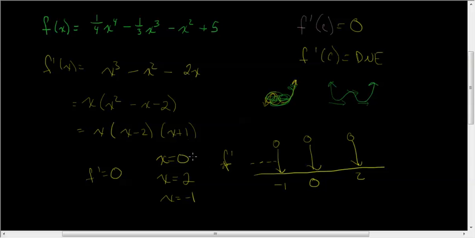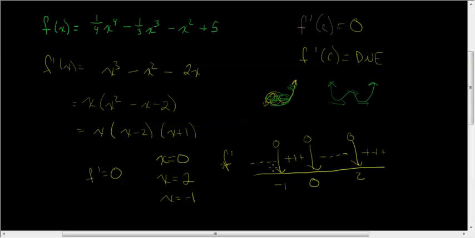Between -1 and 0, this changes, so I end up with a negative times a negative, or positive. Between 0 and 2, the x becomes positive, this is positive, that stays negative, and then for values greater than 2, this switches over to positive.